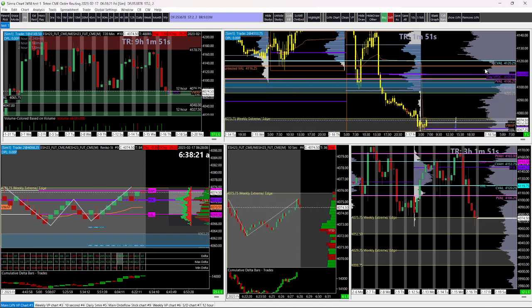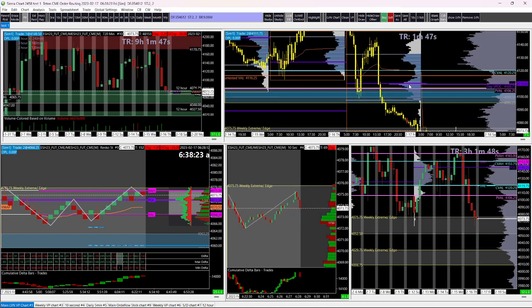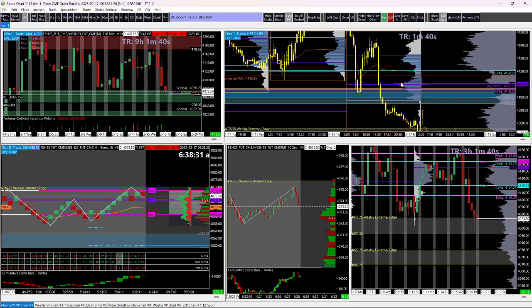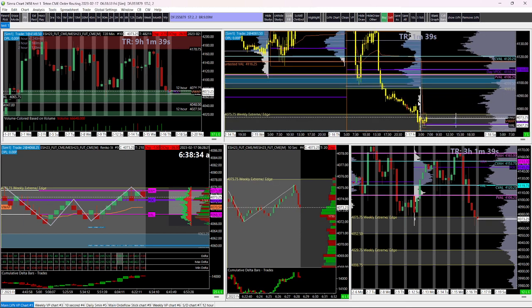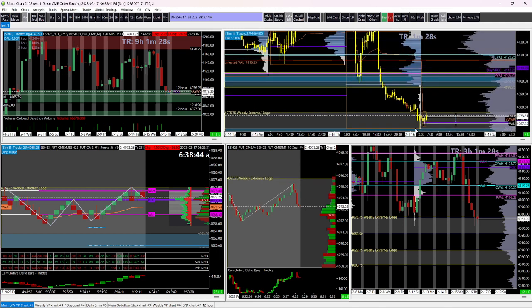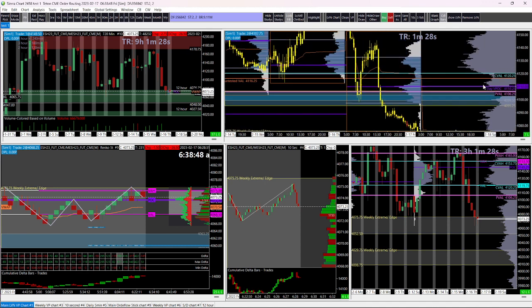The reason I find these important is that if we leave the point of control behind and don't come back to touch it, it can act like a magnet, and price will eventually want to get to the price that they found most fair. This was the most fair price of this day. And buyers will eventually want to get this price back up here to test it and see if it's still fair to them.